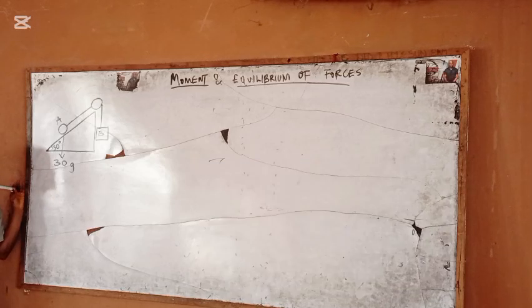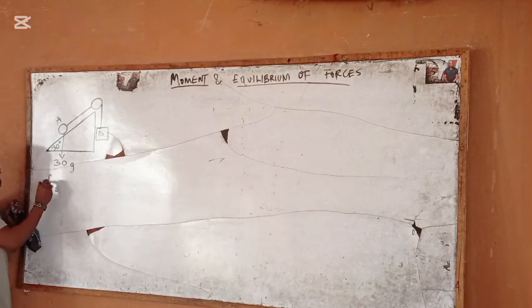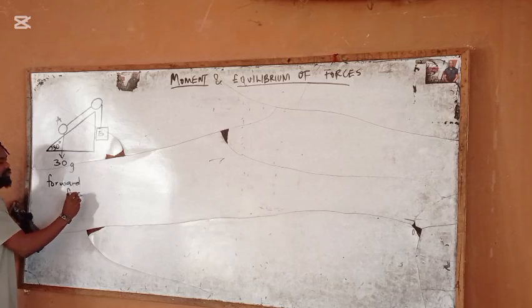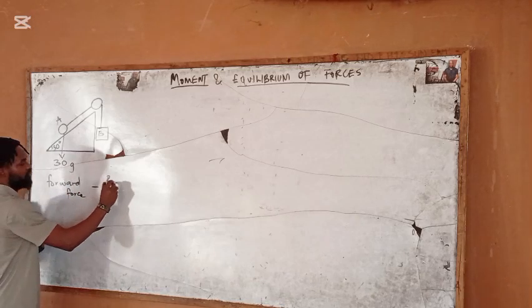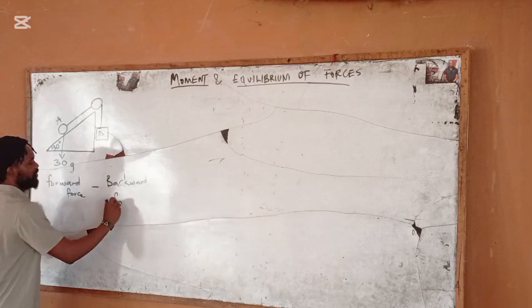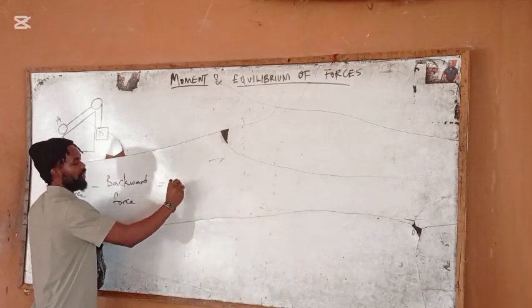So we apply the principle of forward force minus backward force equals ma. We told you that anytime we're talking about equilibrium, acceleration will be equal to what? So what I'm applying here is forward force minus backward force equals ma.